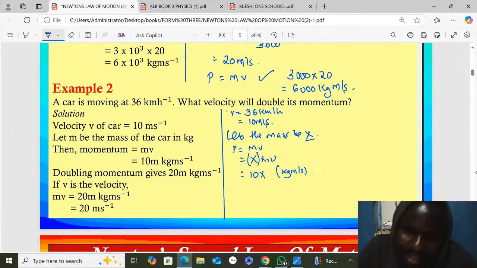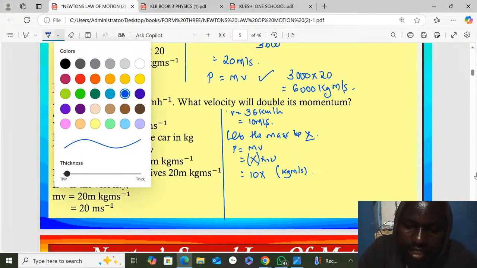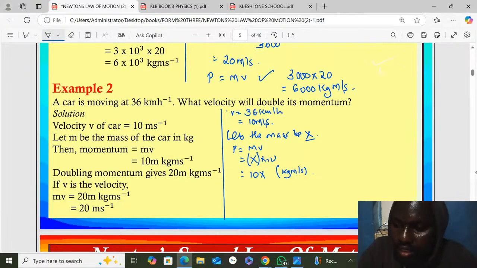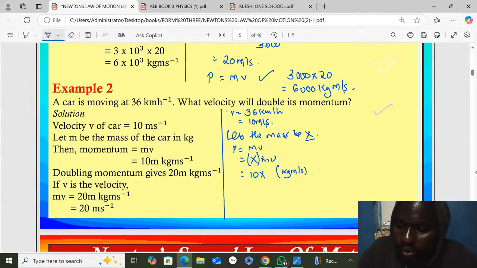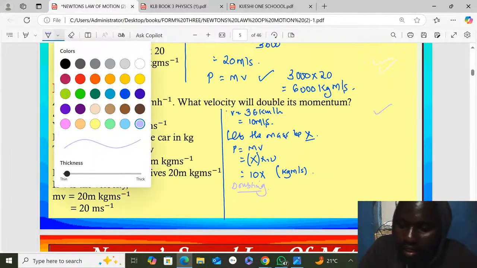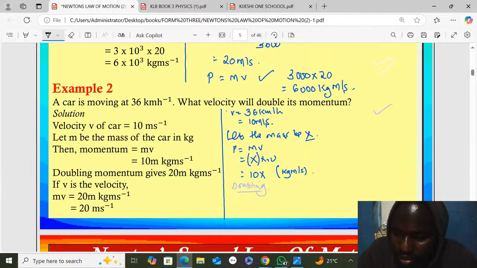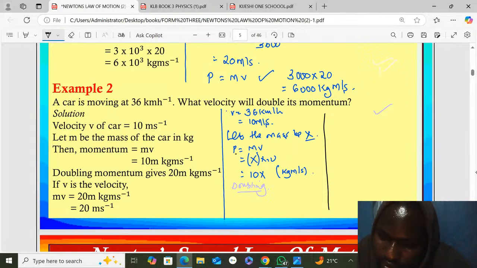So now, in the second case, if we say this thing is doubled, then our momentum, we can say this was P1, our P2, second momentum, will be 2 times 10x, like that.